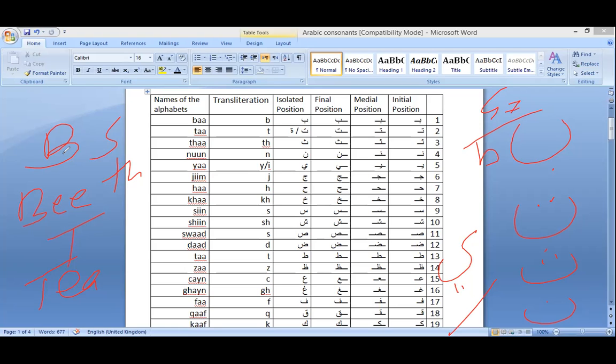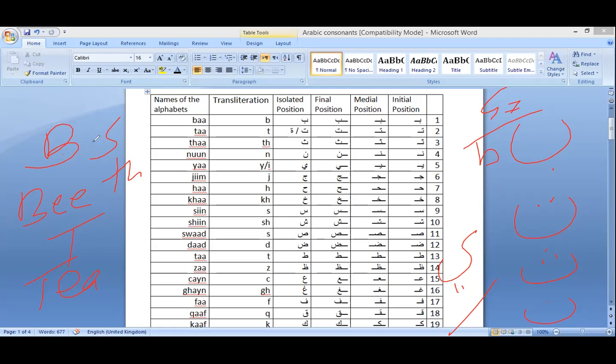If you go to schools, kids are taught ba and ta, and that's how a number of my kids are taught. They cannot tell you this is b. They'll tell you this is ba, and they'll tell you this is ta. So that is what we mean by just pronouncing without naming it.